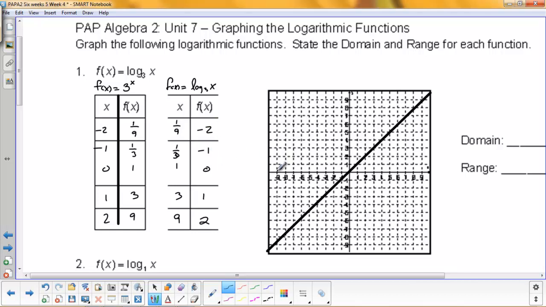The original function looks something like this, and your inverse table, or your inverse graph, looks like this.